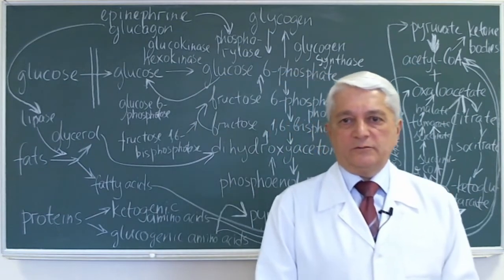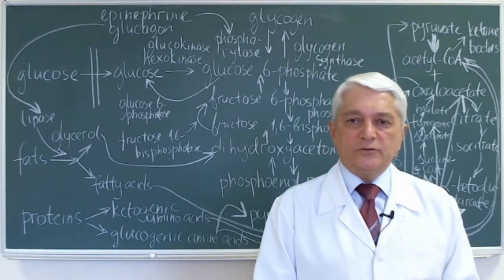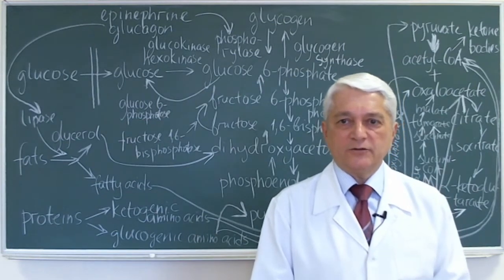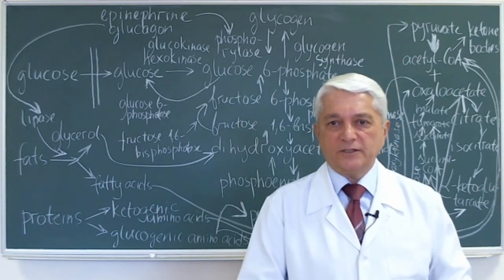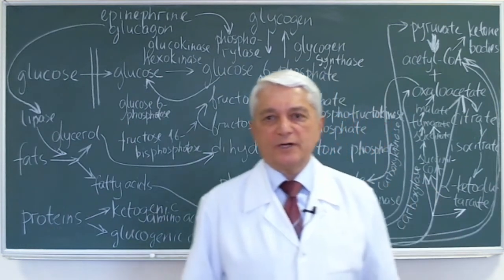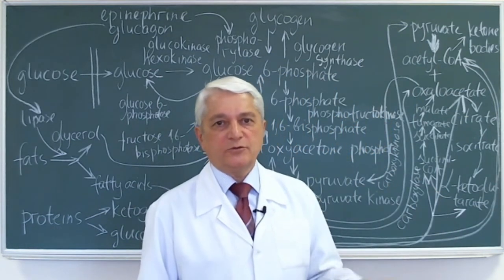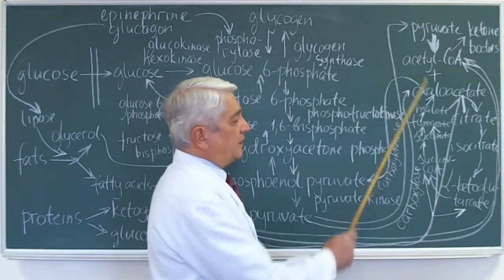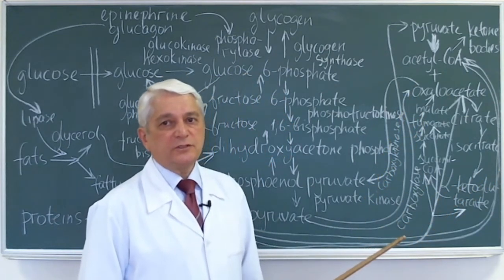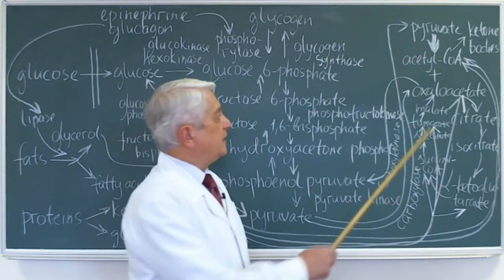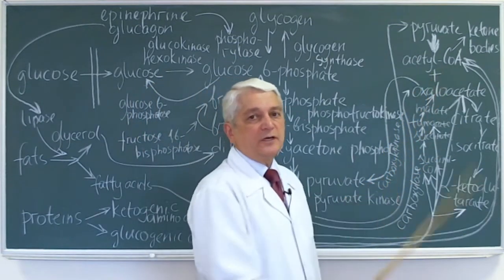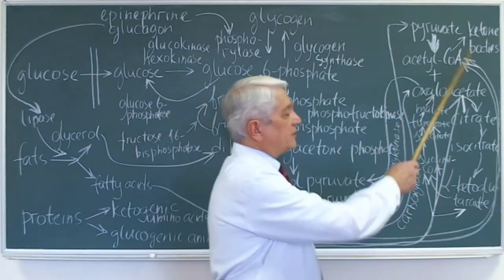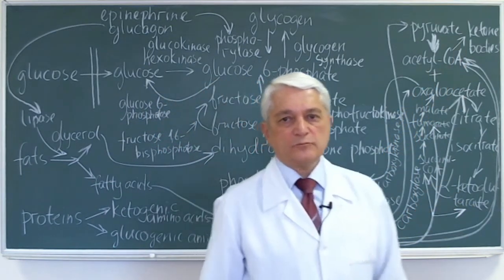And I can remind you that two amino acids, phenylalanine and tyrosine, are divided in two parts. One part is producing glucose via fumarate, and second part is producing acetylcoenzyme A via acetoacetic acid, acetoacetate, and produce ketone bodies.